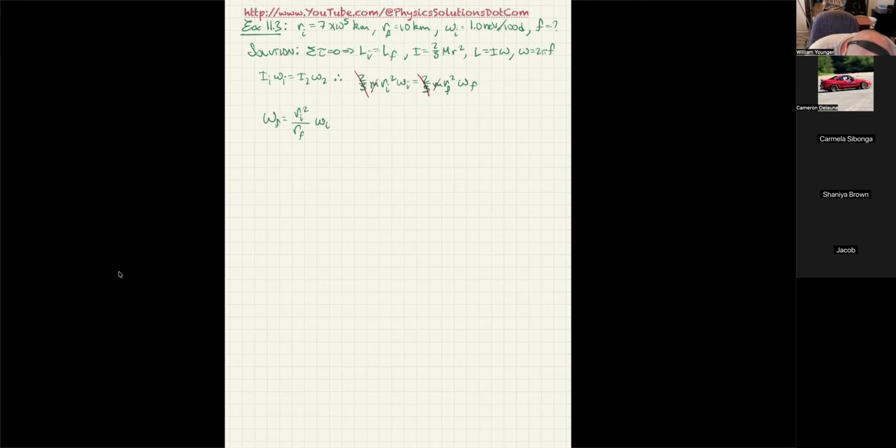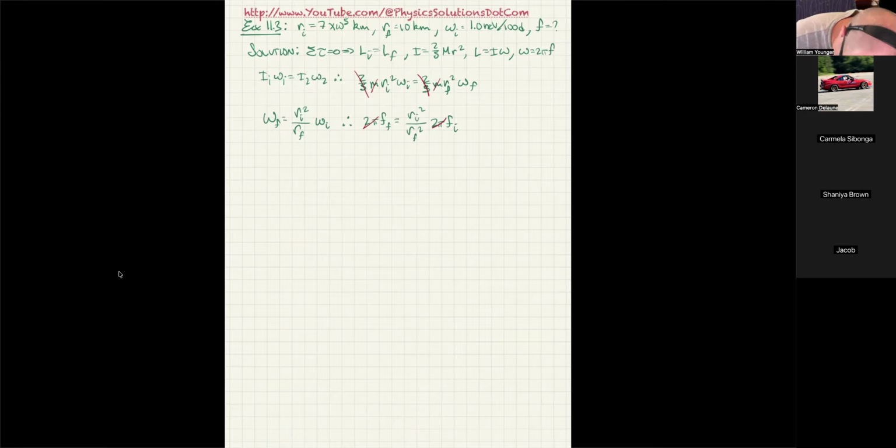Now we can also use omega is equal to 2 pi f, so 2 pi times the frequency final is equal to r initial squared over r final squared times 2 pi f initial. And we can see that the two pi's are actually going to cancel out as well.